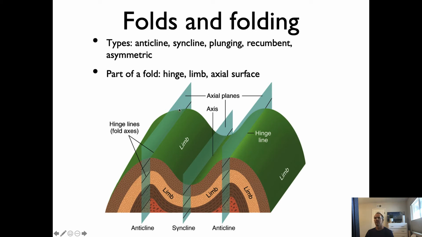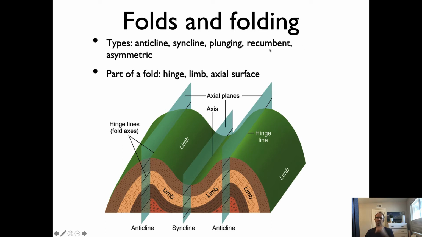Okay. Now, why is that important? Because if we're trying to describe the shape of the fold, like if the whole thing is tilted over a little bit, you would need to describe the fold axial surface in order to show that the fold is tilted a little bit. So folds can also be plunging, which means that their axis is going down in one direction. I'll show you that on the next slide.